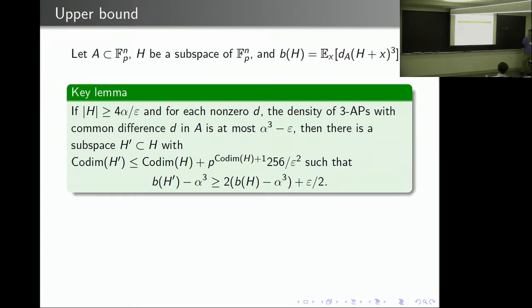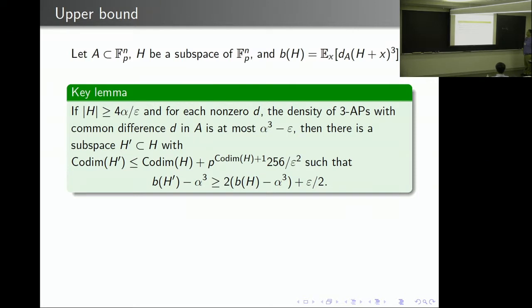And if you made it constant on each of your affine translates of H, then the 3AP density with common difference inside H would be precisely this mean cube density. That allows for 0, but if your subspaces are big enough, the three-term progressions with common difference 0 are not substantial.